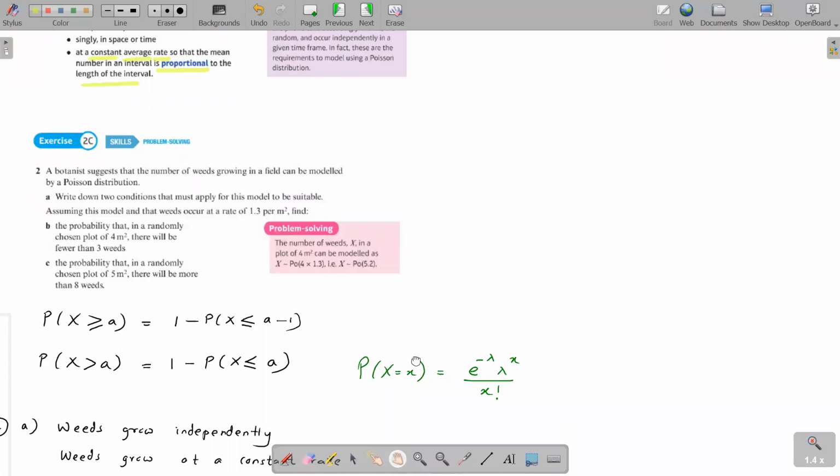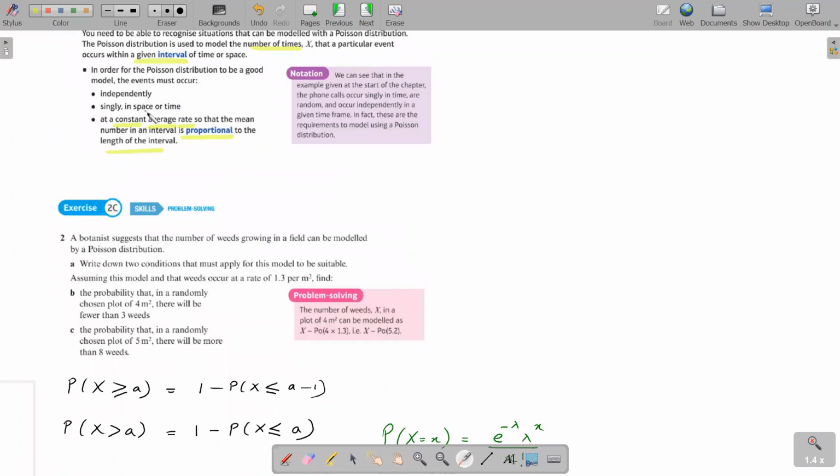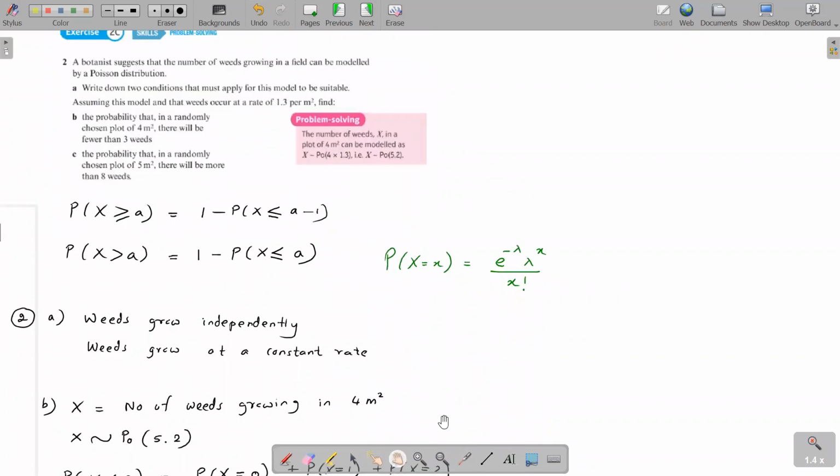Okay, so the rules are it should be independent, singly in space or time, or there should be a constant average. Here we're talking about the number of weeds growing in a field, right? It's modeled by a Poisson distribution. So you can see here I've written the assumption within the context of the question.